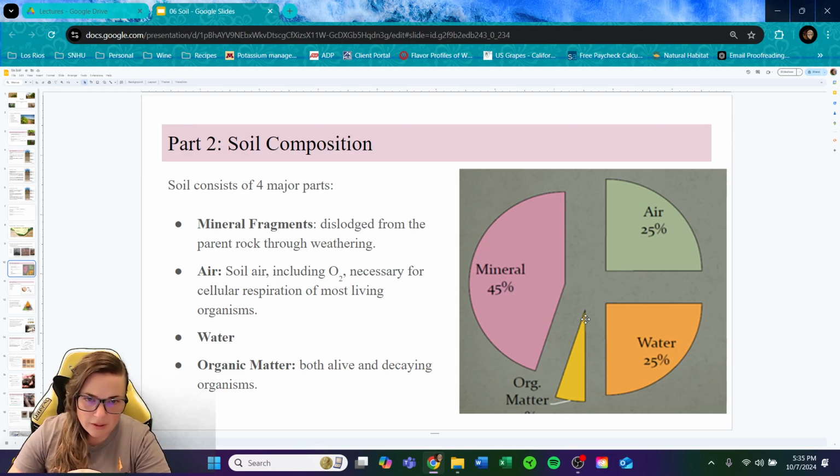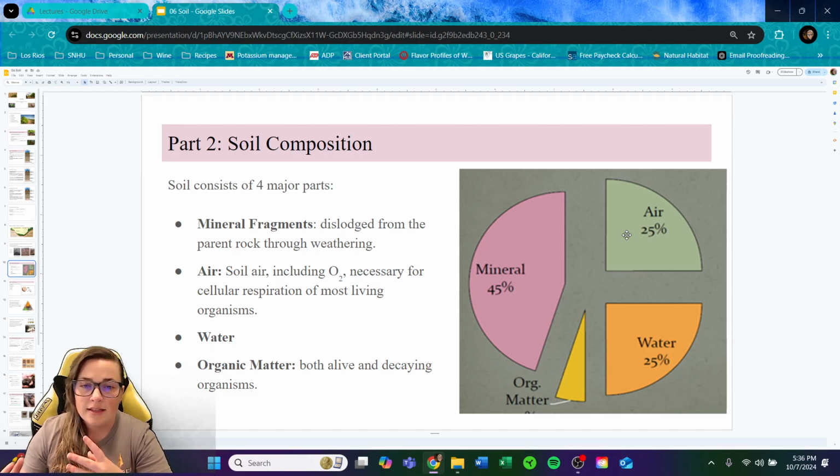Those are mineral fragments. Then next is air, which might be surprising. But there's pores in soil, and if you look at it under a microscope, there is space for air. It's not just a solid piece of rock, right? All of those different pores and different sizes of fragments, there's air in the soil too.